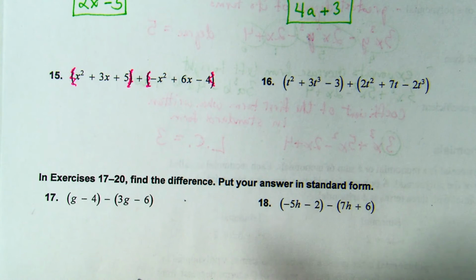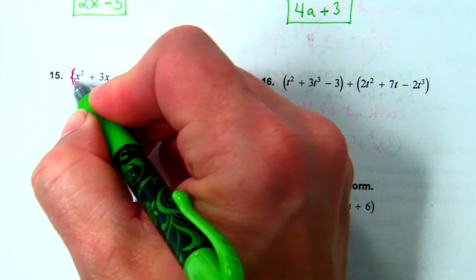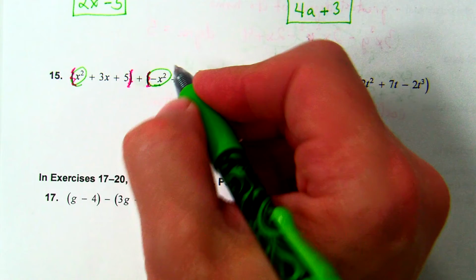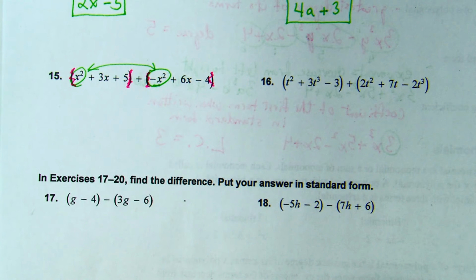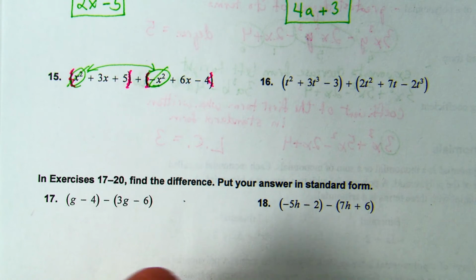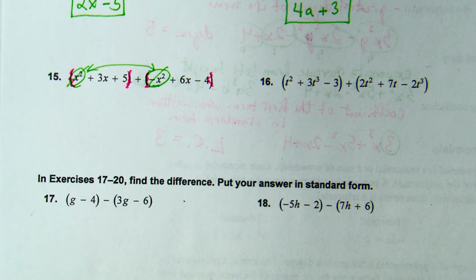It's the exponent. And so we're going to go with this negative x squared and a positive x squared as our first term. When I combine those, though, what happens? X squared minus x squared is actually 0. So that just goes away. So now I go to the next term in order in my standard form.